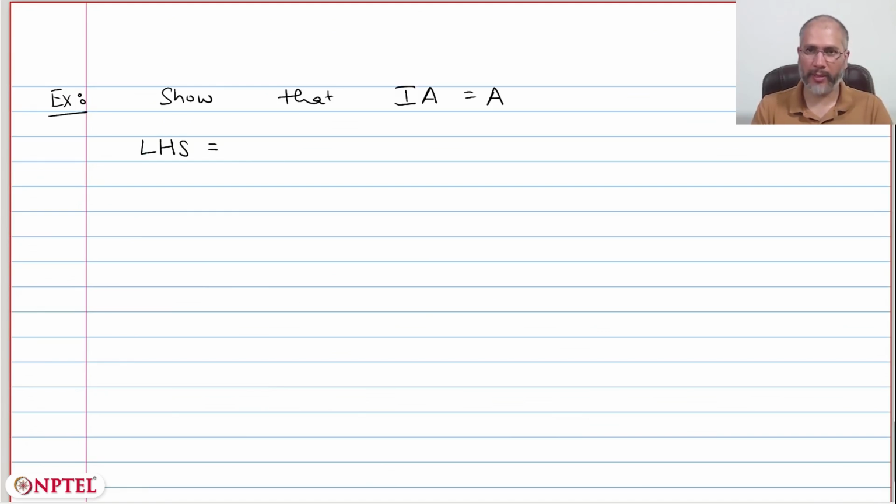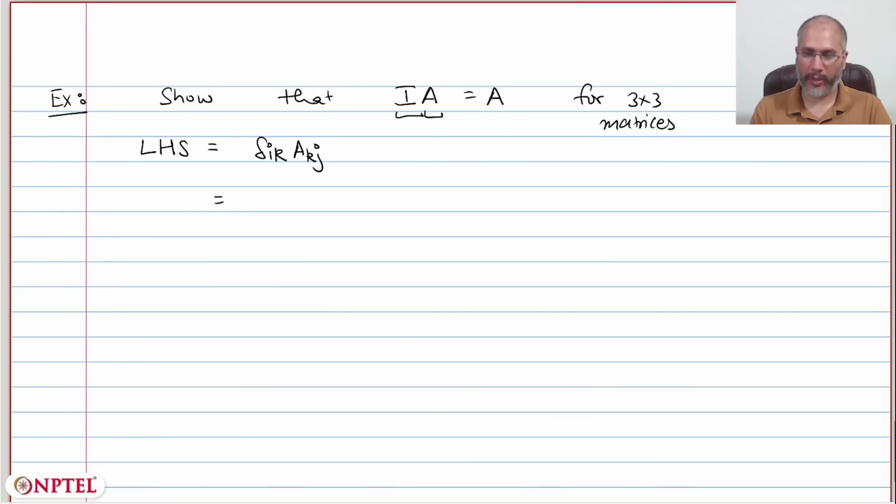The left hand side in indicial notation is, I and A are multiplied, they're both matrices. Let's say they're 3 by 3 matrices in this case. So this can be written as delta Ik A Kj. That's how we write matrix multiplication using indices.